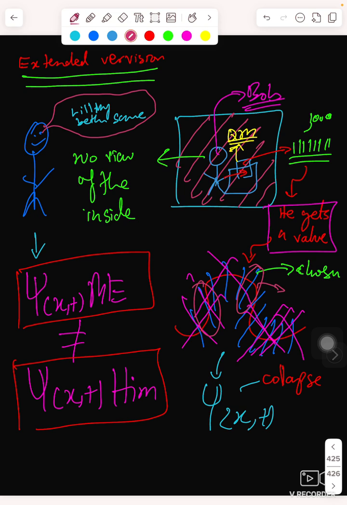Even if you say you understand it, you're not actually understanding it at all. So again, is this statement, this notation correct? This wave function and this wave function are not dependent on each other.